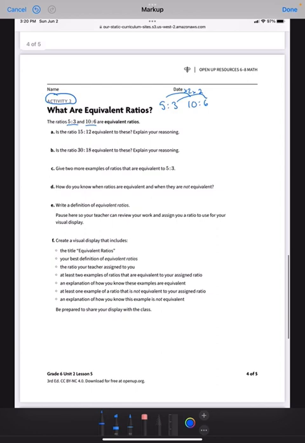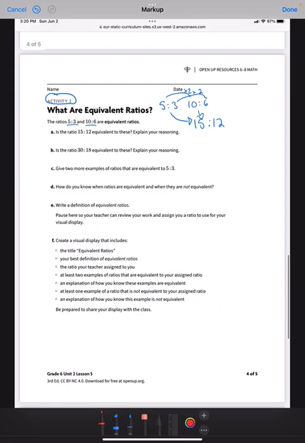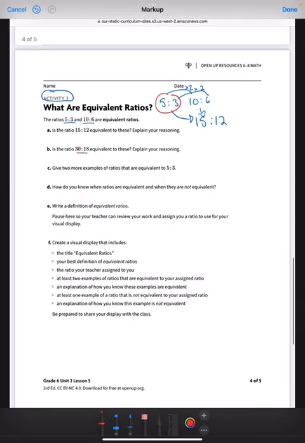They want to know if 15 to 12 is equivalent to these ratios. Now, use the original one to help you see if it's equivalent. Go from 5 to 3 always. As well as for B, use 5 to 3 to decide if 30 to 18 is equivalent.